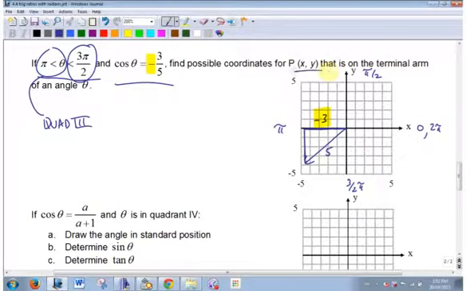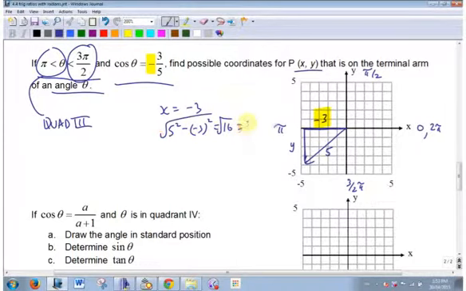Find possible coordinates for x and y that's on the terminal arm of angle theta. X is negative 3. Do I know what y is? Yeah, I can solve for it easily. Remember the carpenter's triangle? 3, 4, 5. Yeah. 5 squared minus negative 3 squared, which is 9, is, what's 25 minus 9? 16.